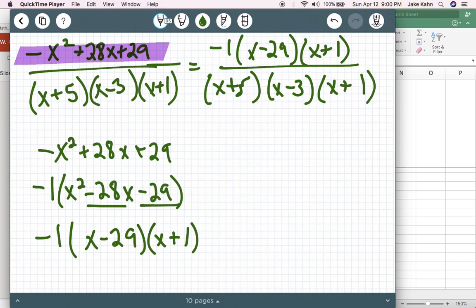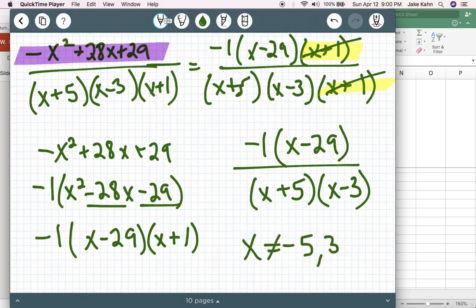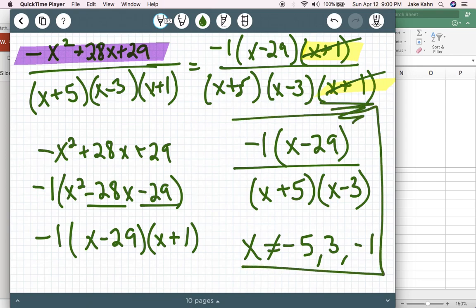We can see that the factored form has x plus 1 in it, and the denominator has x plus 1 in it, which means that we can cancel those out, and we finally arrive at our answer. We have negative 1 times x minus 29 over x plus 5 times x minus 3. X cannot be equal to negative 5, positive 3, or, right here, negative 1. It's our final answer. Yes, it's a lot of work, right?